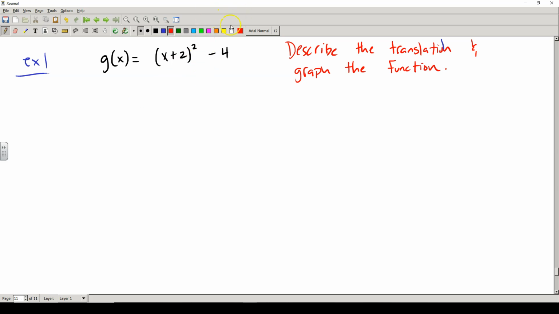Okay, so the first thing we want to do is understand what translations are happening here. If we look inside of this squared term, we have x plus 2 squared.